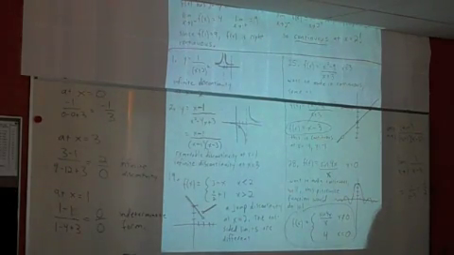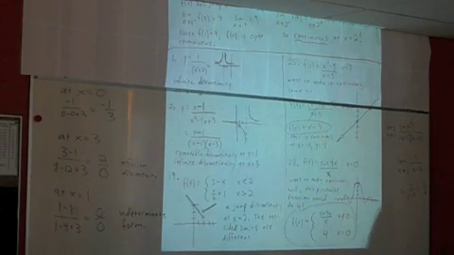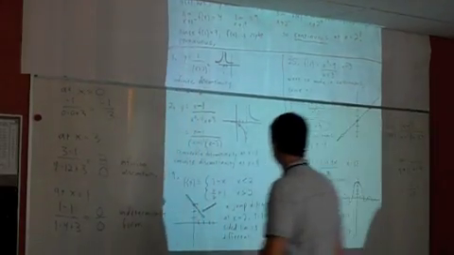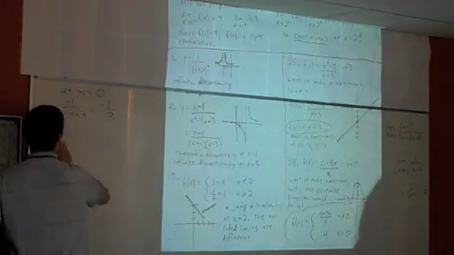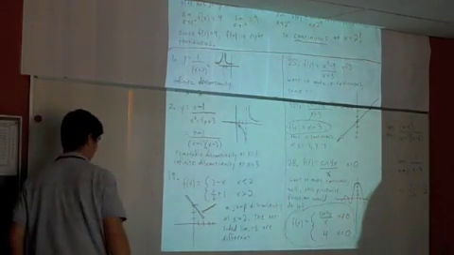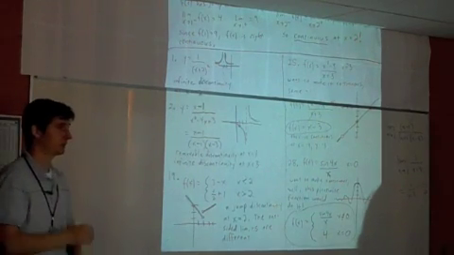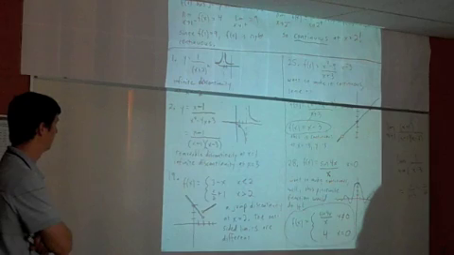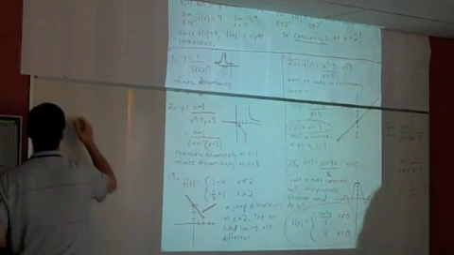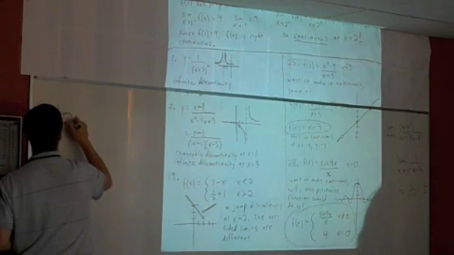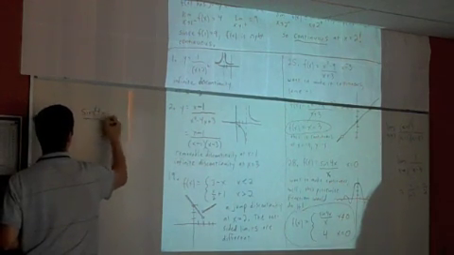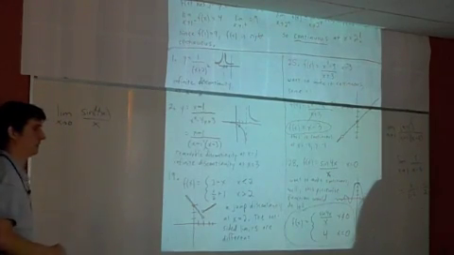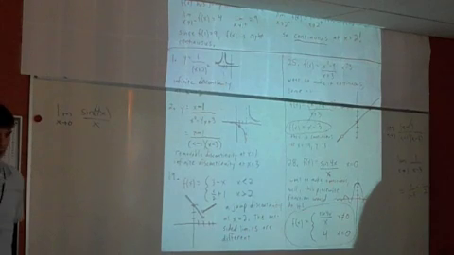What is the limit as x approaches 0 of sine of 4x over x? Is that what you're seeing?